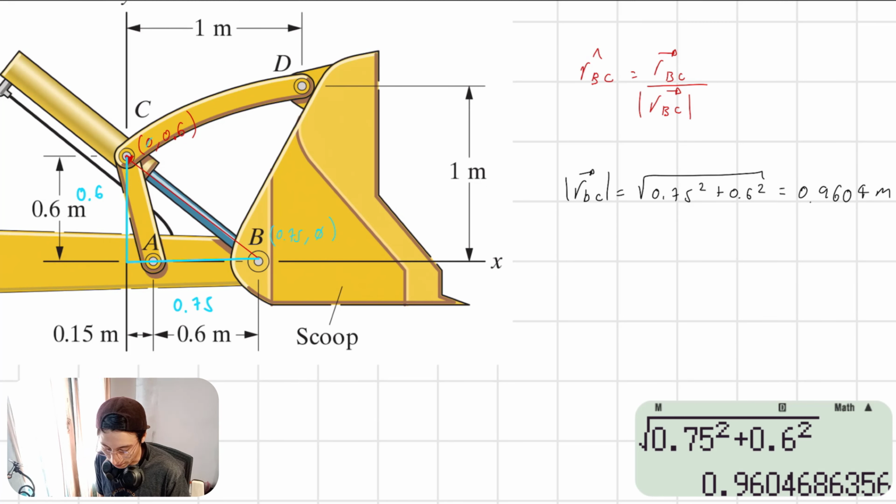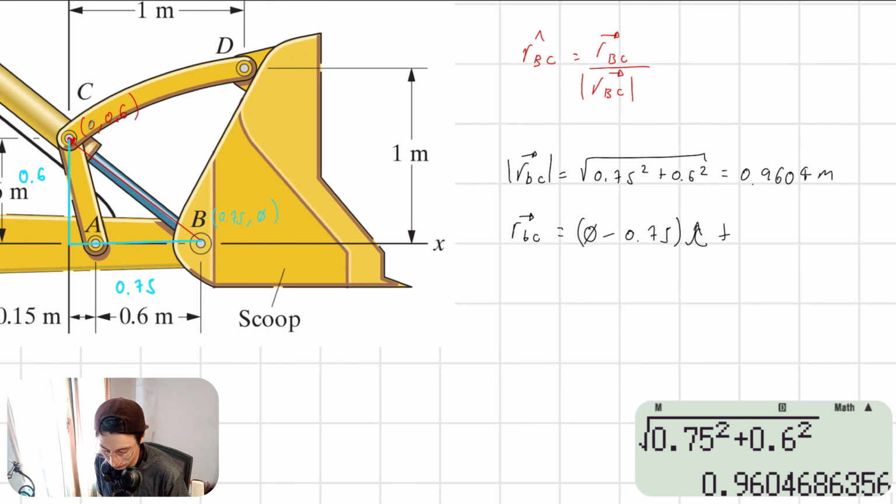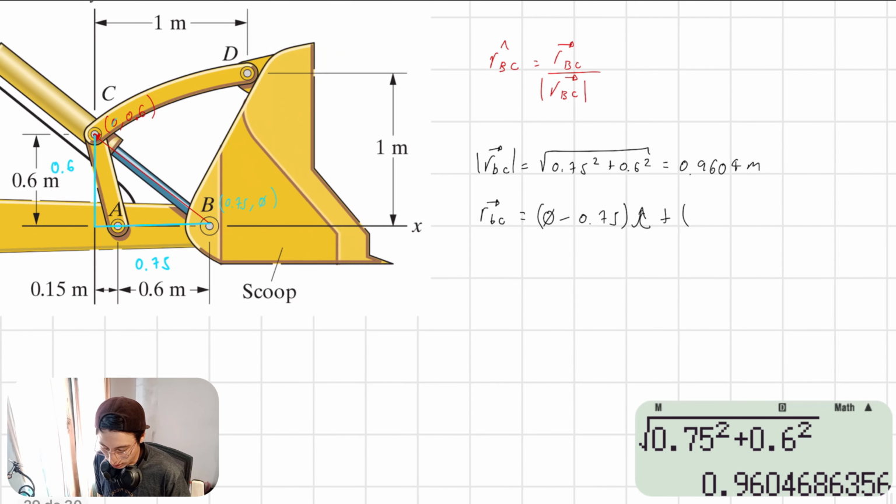So basically, the vector RBC is going to be equal to the final point, C, that means 0 minus 0.75 along the i direction, plus 0.6 minus 0 along the j direction.